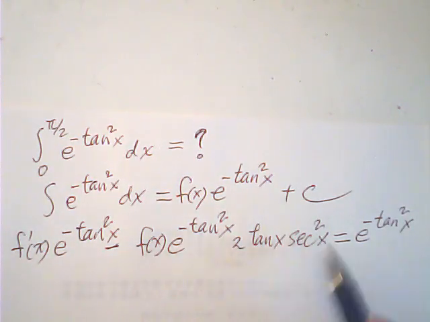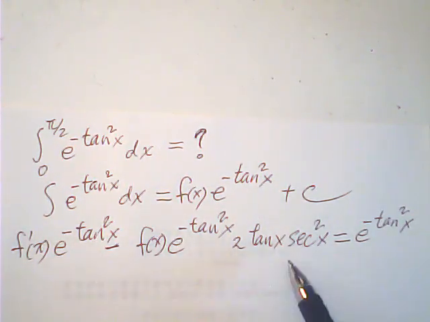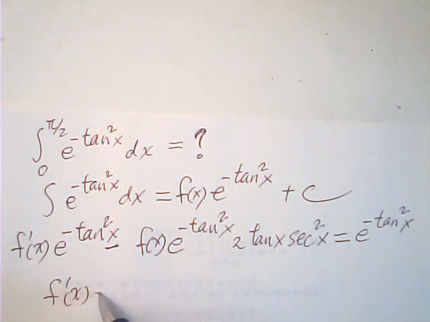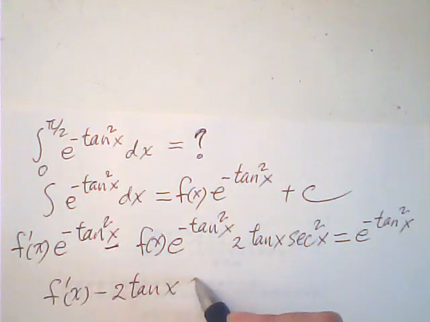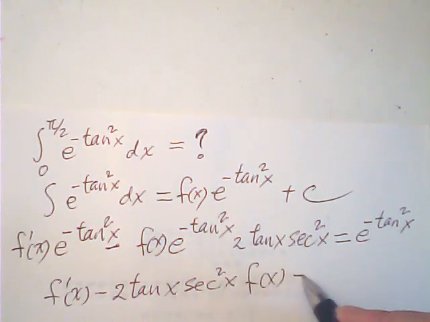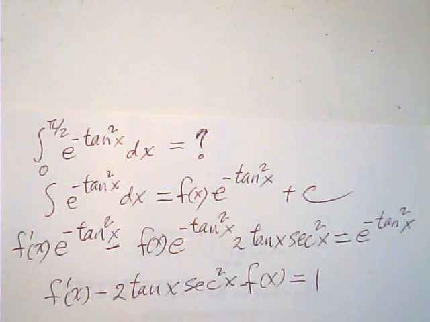Then after canceling the common factor, we have f prime of x minus twice tangent x secant square x times f of x is equal to 1.